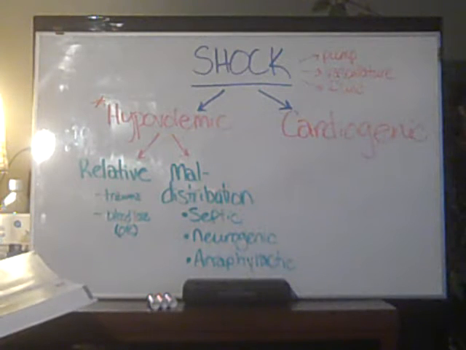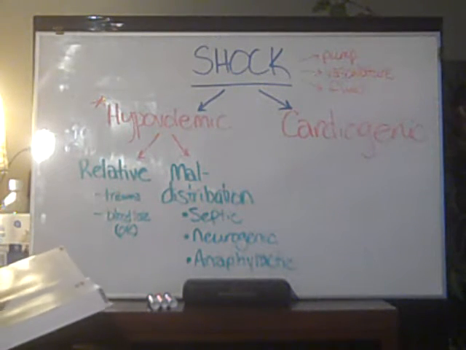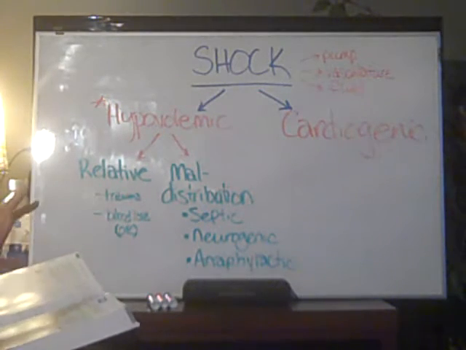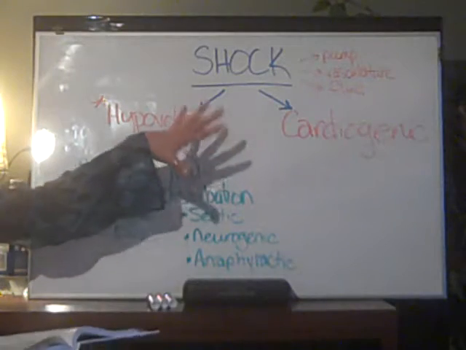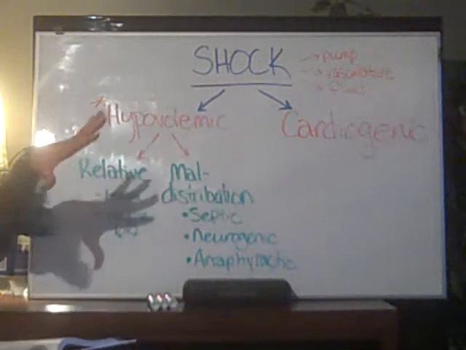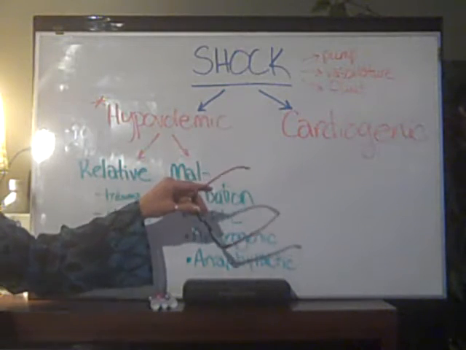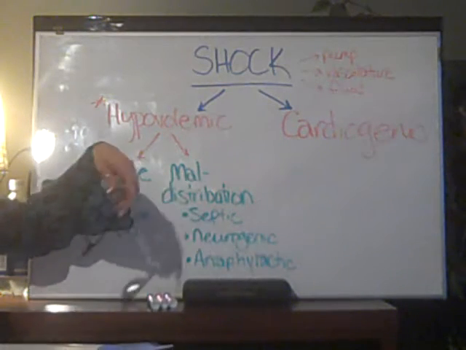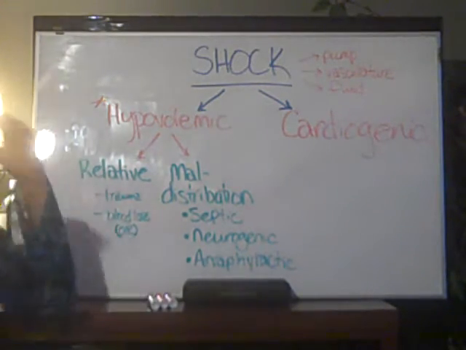So keep in mind that shock is a clinical syndrome. It is a syndrome of inadequate tissue perfusion. That's the problem. And when those tissues are not perfused like they're supposed to, they go into anaerobic metabolism.